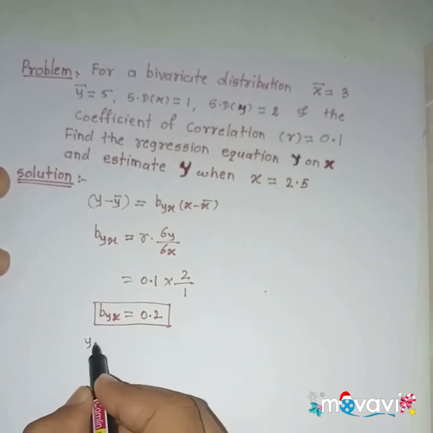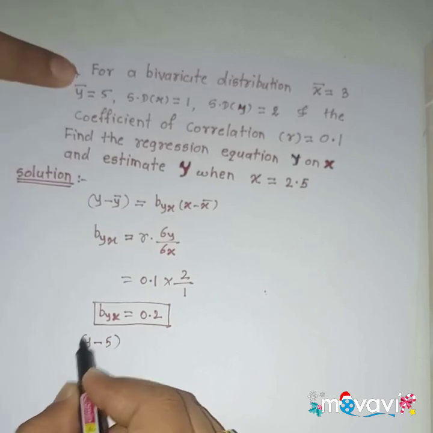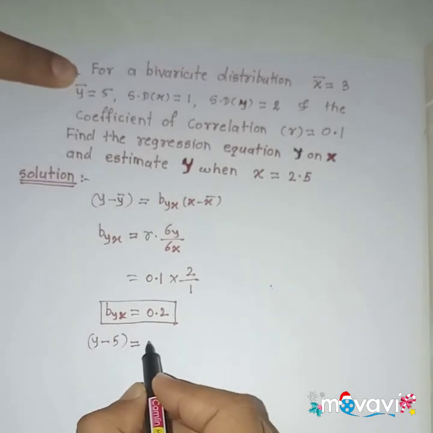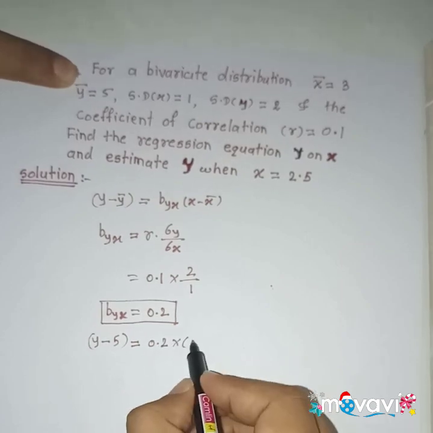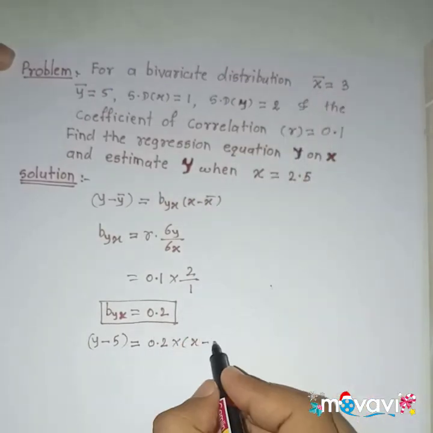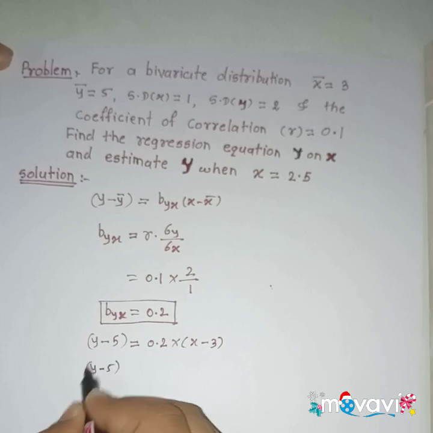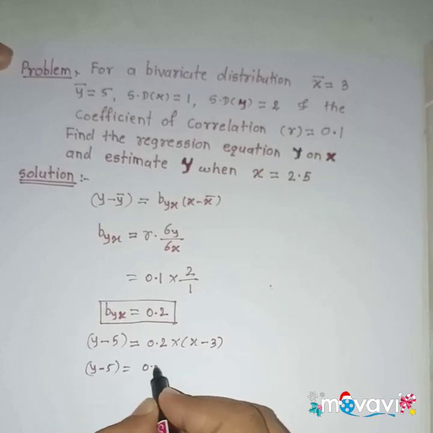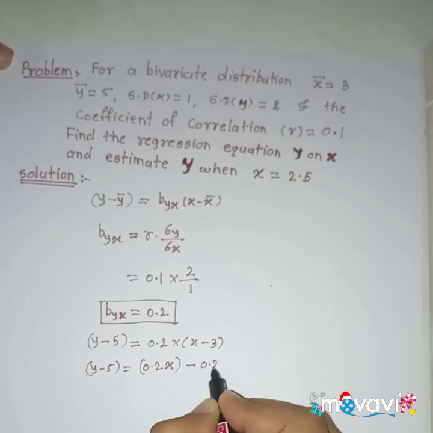So y minus y bar, which is 5, is equal to Byx, which is 0.2, into x minus x bar. Here x bar is 3. So y minus 5 is equal to 0.2x minus 0.2 into 3.